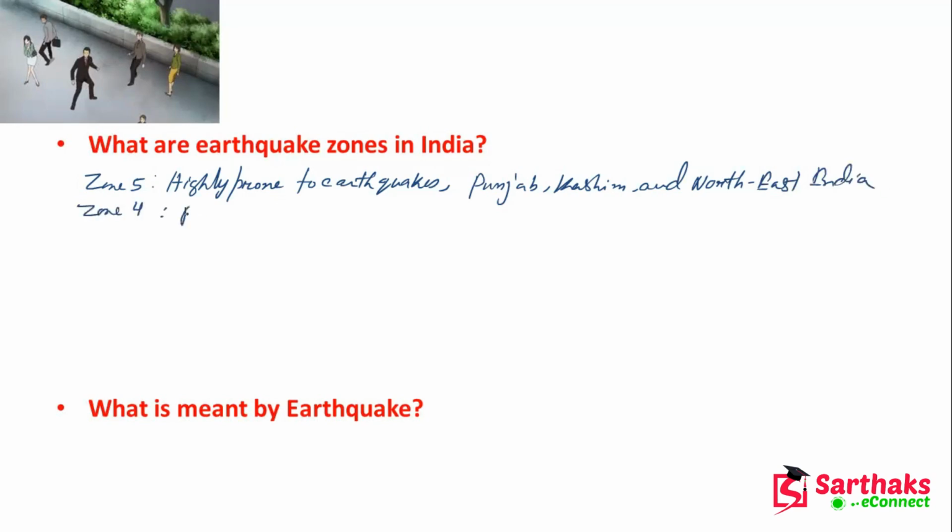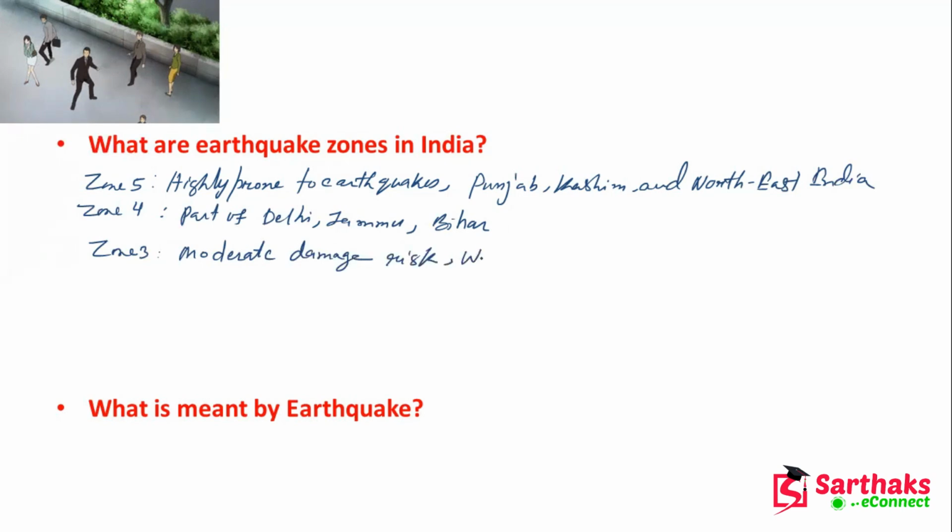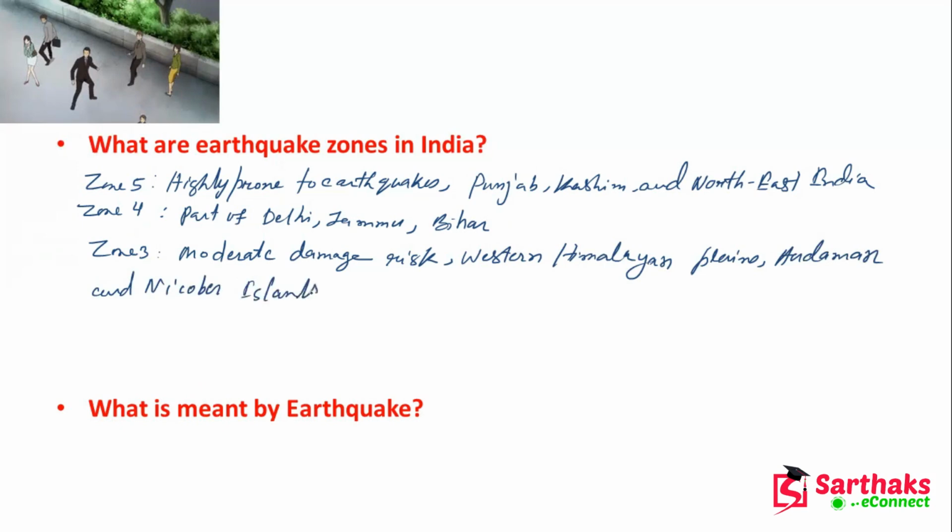Zone 4, parts of Delhi, Jammu, Bihar. Zone 3, moderate damage risk, Western Himalayan plains, Andaman and Nicobar Islands. Zone 2 and 1, low damage risk.